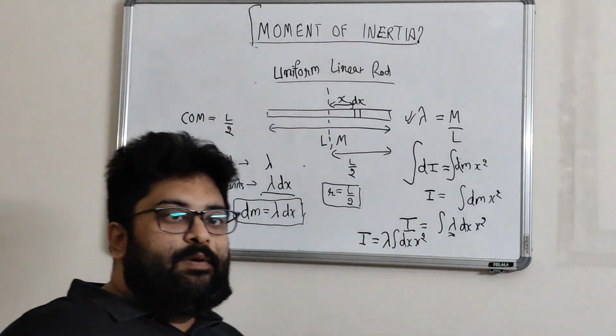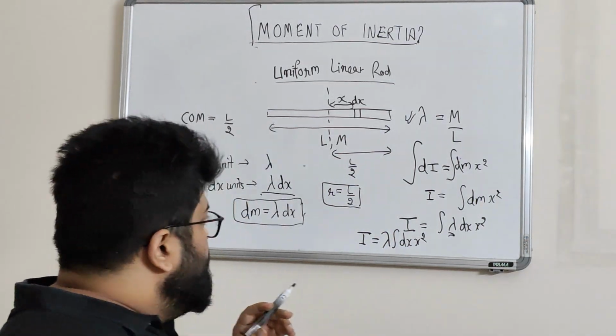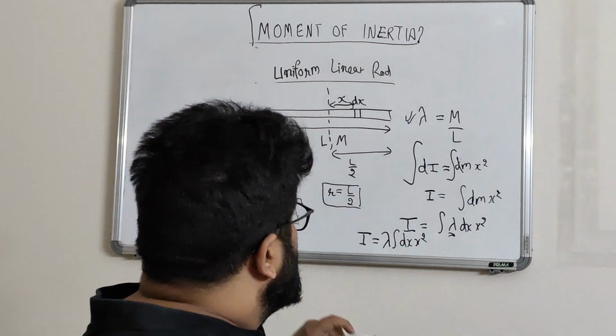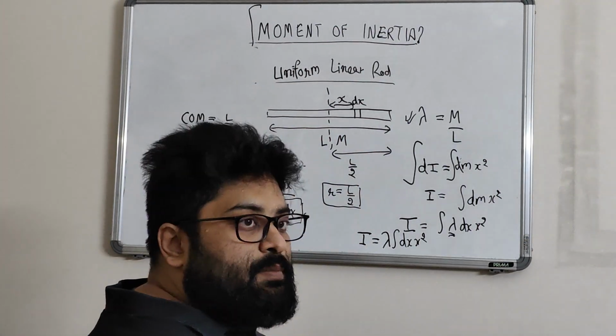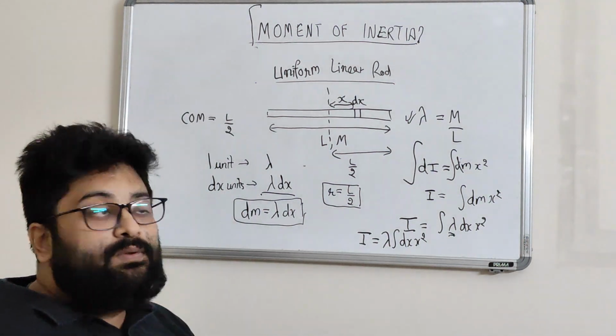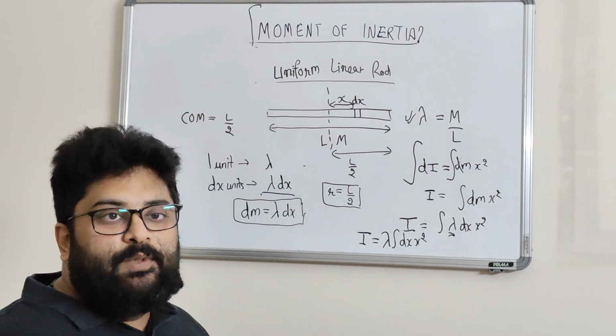Now this looks integrable. But remember, right now we are only talking about this half part, so we have to multiply it by 2. But before that, we have to set the limits.